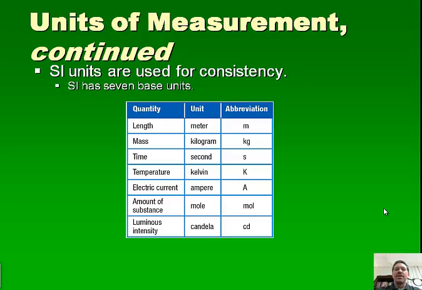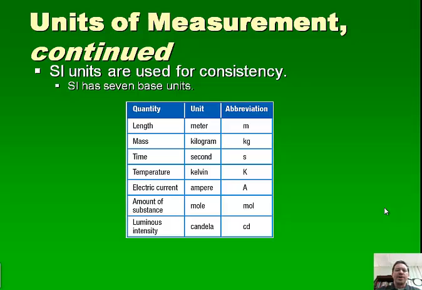There are 7 main base units for the SI system. For length we have meter, for mass we use the kilogram, for time we use the second, for temperature we say Kelvin, but often Celsius gets used quite a bit more than Kelvin does.